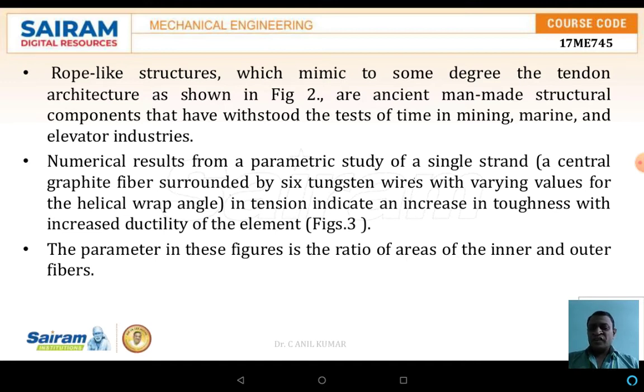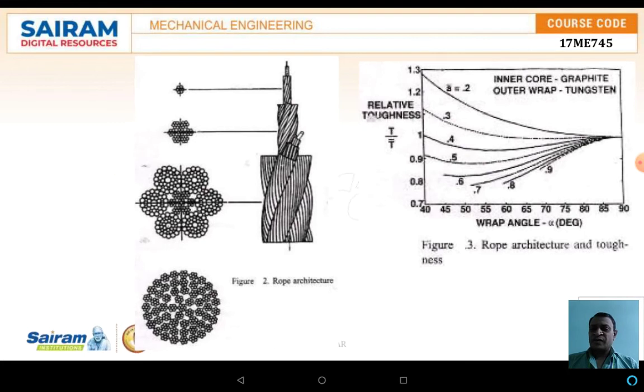The numerical results from a parametric study of a single strand in tension indicate an increase in toughness with an increase in ductility of the element. The parameter in the figure is the ratio of the areas of the inner and the outer fibrils.